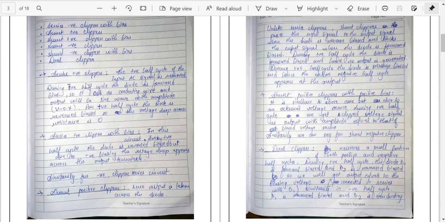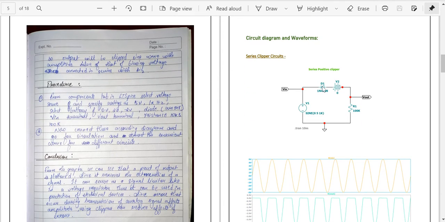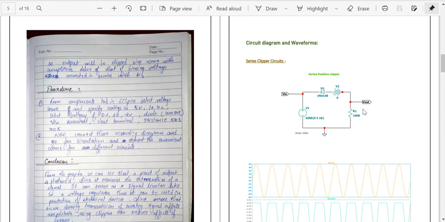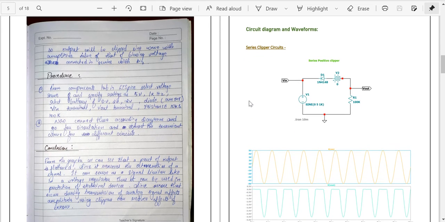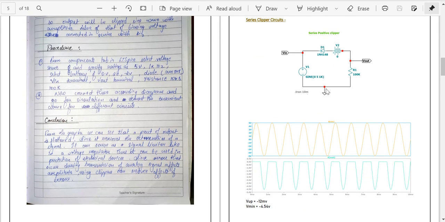Let us see what the series positive clipper is. Its diagram is like this, in which we take the output across the resistor. During the positive half cycle, the diode is in reverse bias, so no current will flow, so we will not get output for the first half.